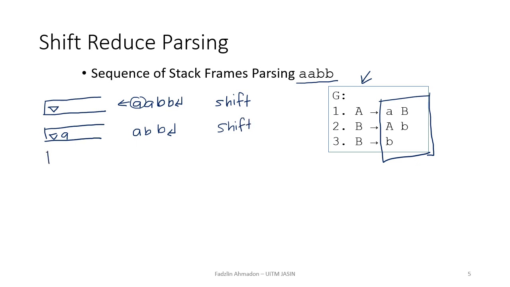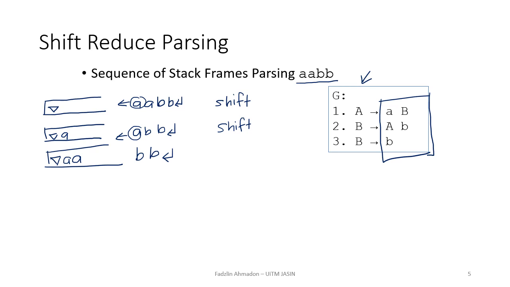When we do another shift operation, now our stack will have another symbol on top of it, which is A, and our input is now BB and marker. Again, we compare the symbols on top of the stack, which is now AA, with the right hand side of the grammar.